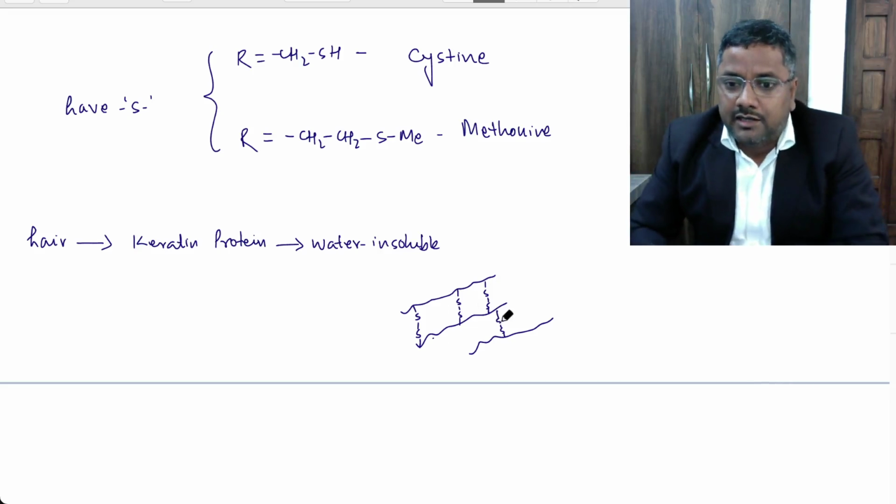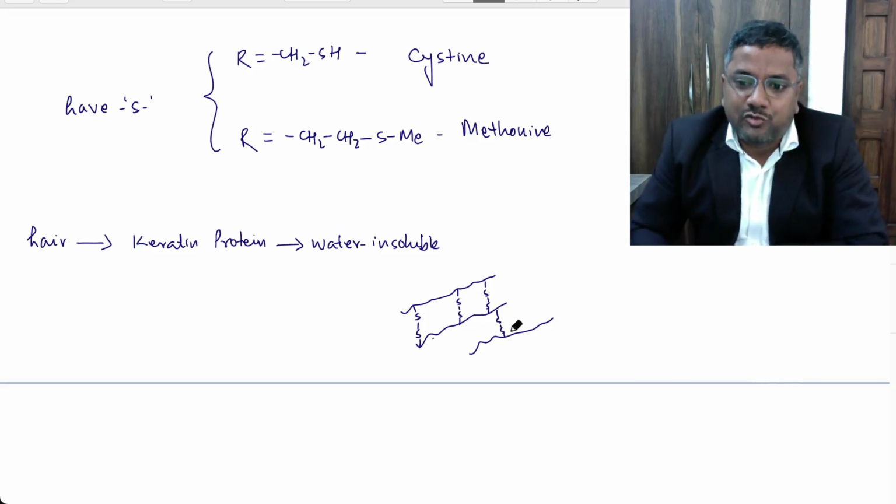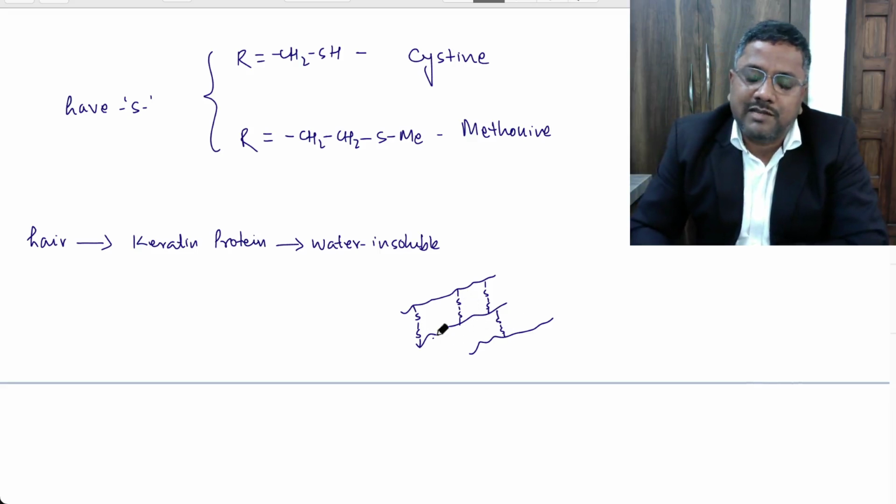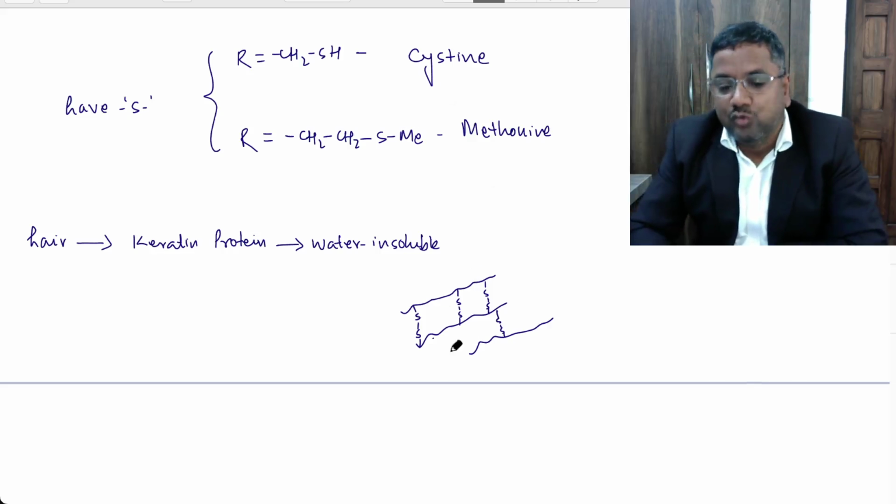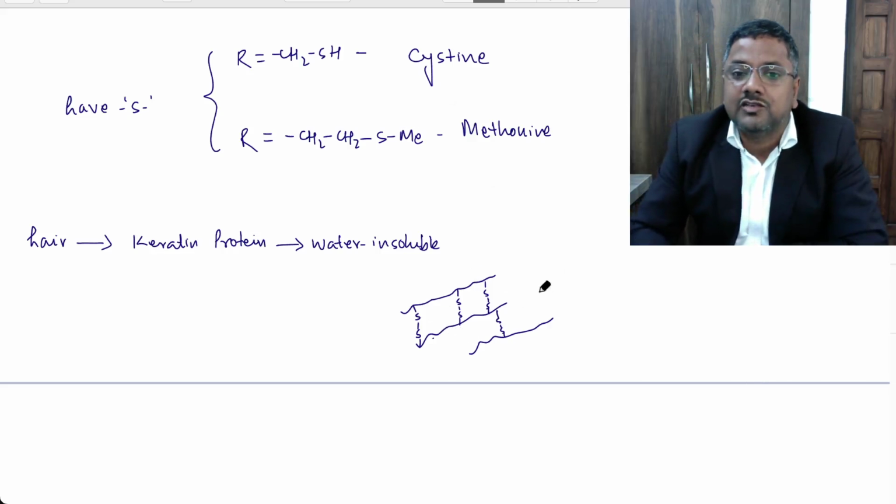So don't expect that everyone's hair has the same composition. No. So if a person's hair has more cysteine, more disulfide linkage is there, so more curly hair. So curly hair means more disulfide linkage.